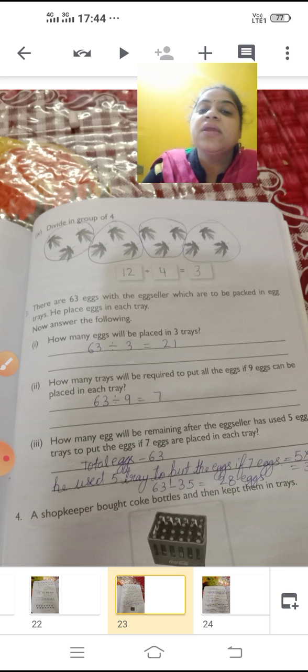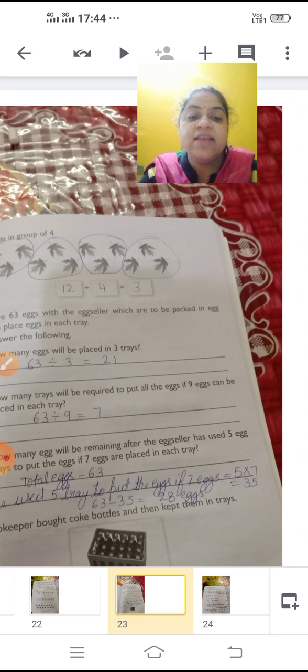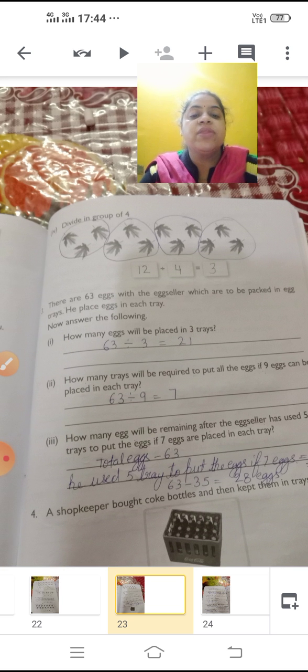So your answer is 7 trays will be required to put all the eggs if 9 eggs can be placed in each tray. Understood? Now next part, how many eggs will be remaining with the egg seller if he used 5 trays to put the eggs?